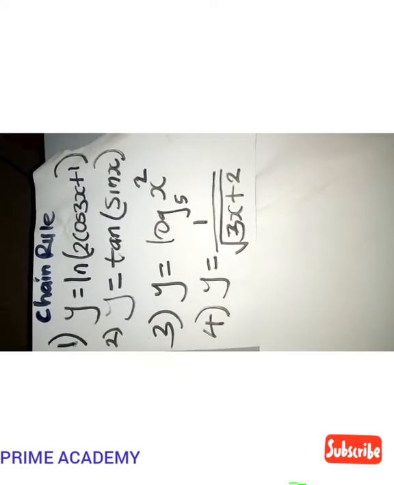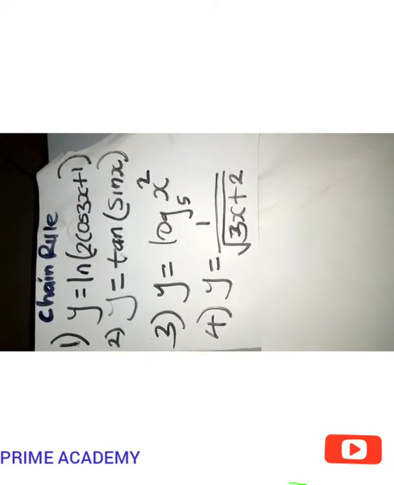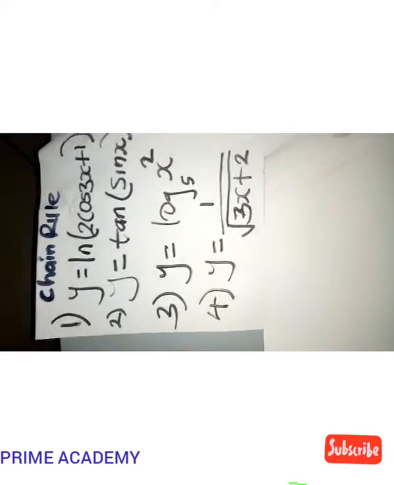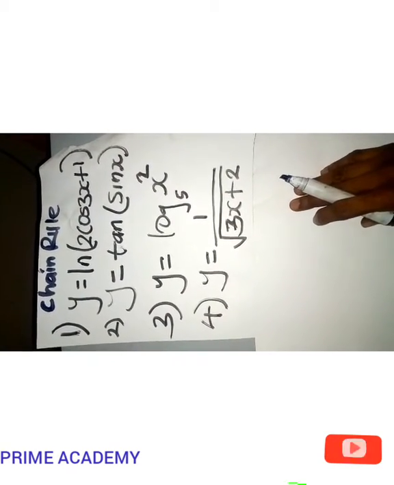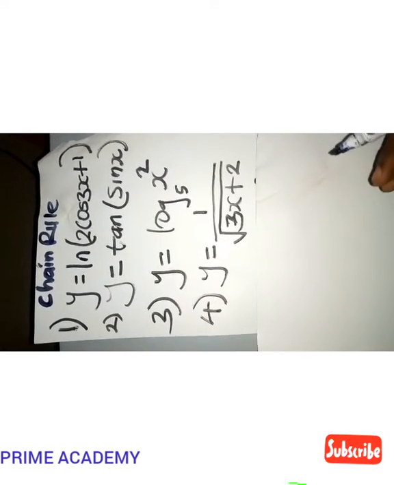Looking at them, they look complex, but when you approach them, you discover they are not as difficult as they look. So I'll be solving them from the very first one. The first one has a log function. We have y equals ln(2 cos 3x plus 1).